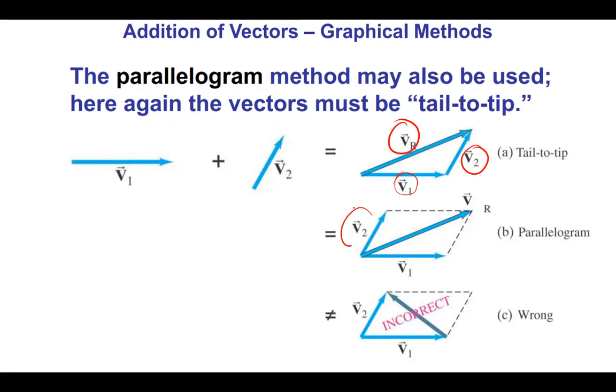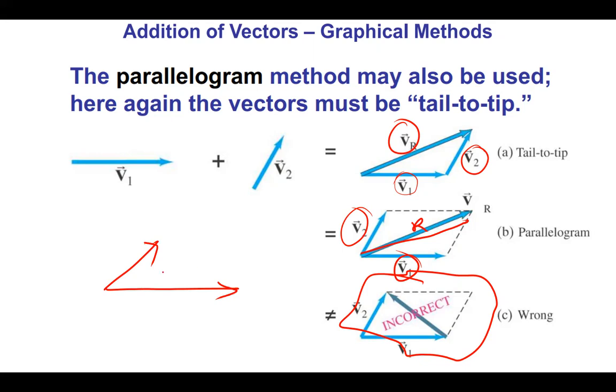Same applies to this part: you have this vector and this vector, and when you add them, you get this resultant vector there. The incorrect part is this one. Take note of this part, this is where a lot of people make mistakes. When you have this vector and another vector like that, you don't say the resultant is this one. The resultant should always be there.